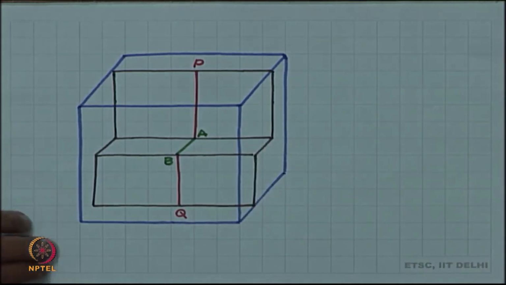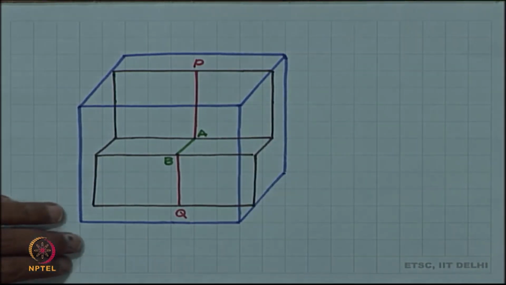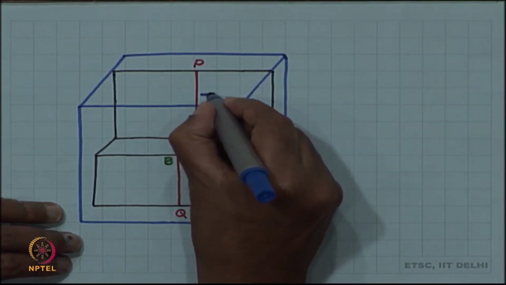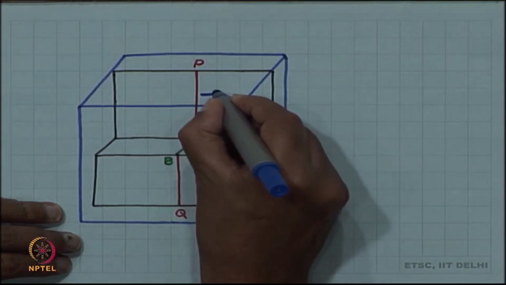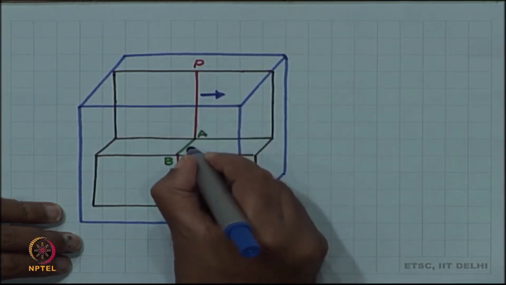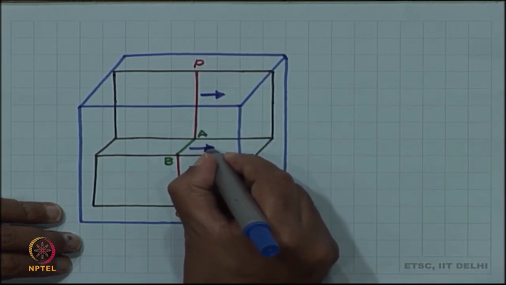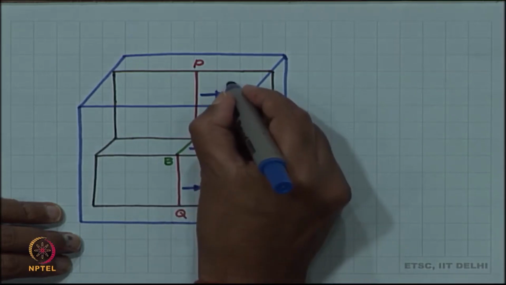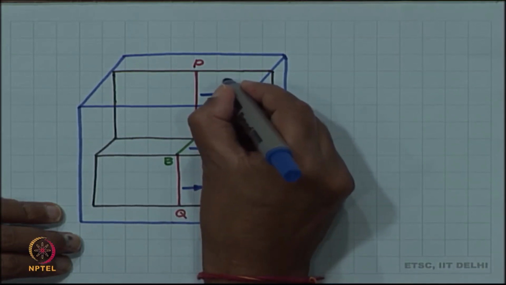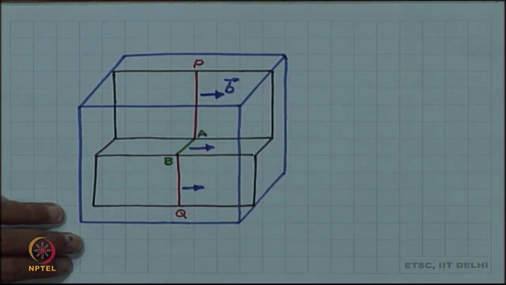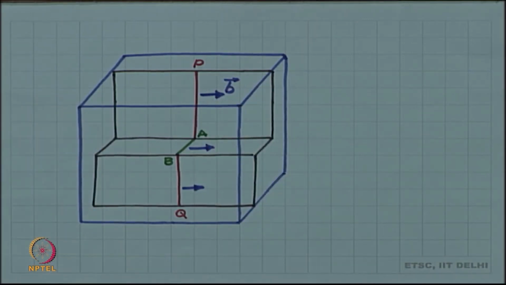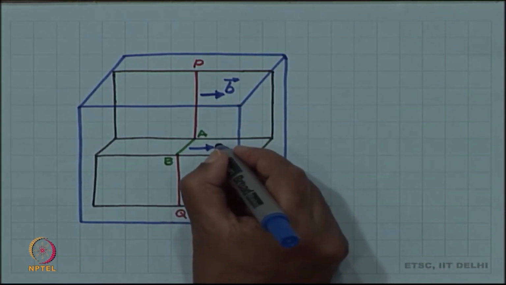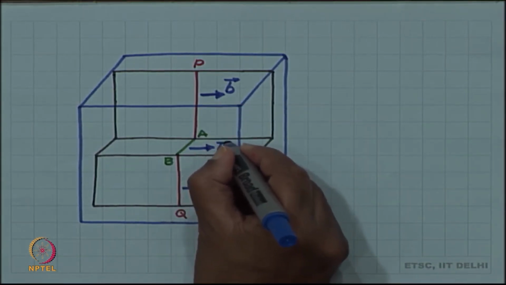Let us say the dislocation has a Burgers vector which is perpendicular to the dislocation line everywhere. So, it is in this direction. As we know, the Burgers vector for a given continuous dislocation line should be the same. So, although I have drawn it at 3 places, these are all the same Burgers vector.